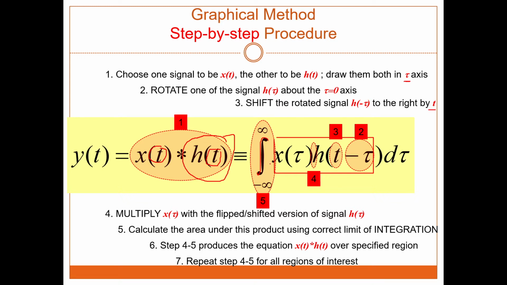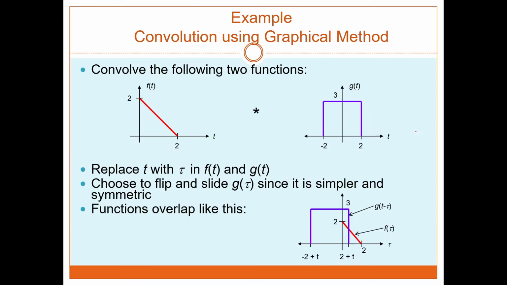Then we must ensure that we cover all regions of the equation, so we divide into specific regions and repeat this step to find the condition of y(t), the output of this convolution integral.